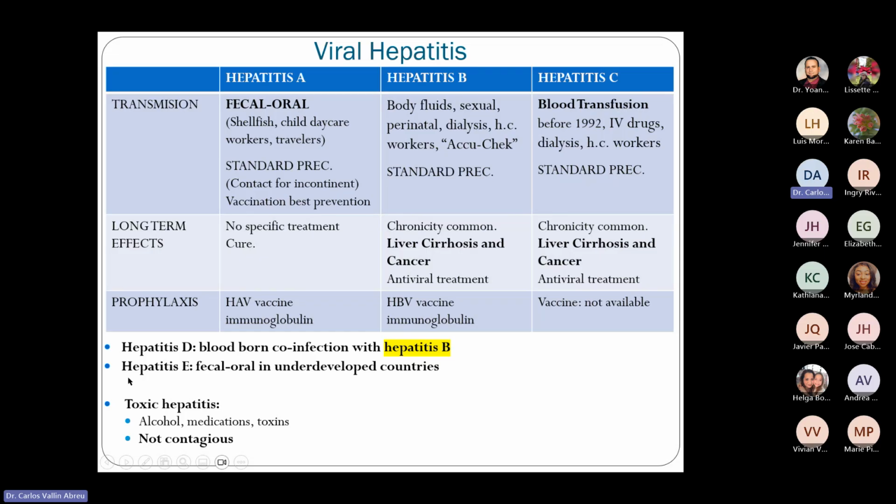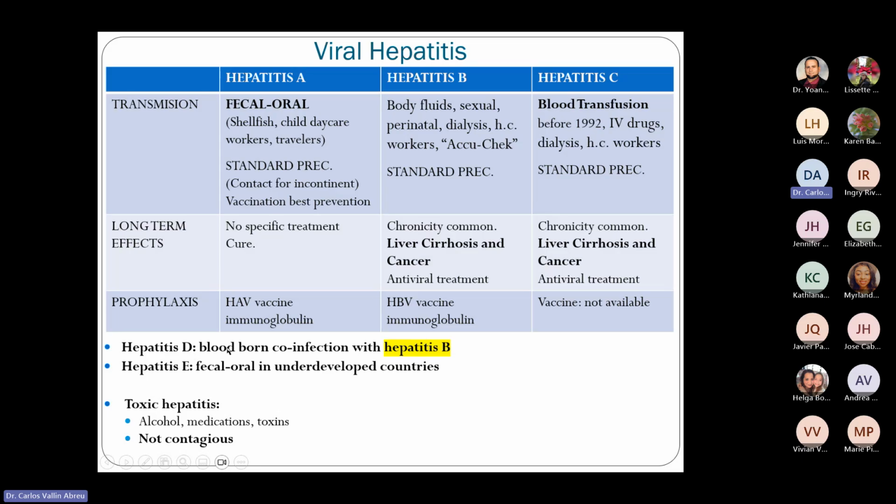There is a form of viral hepatitis called hepatitis D. This is a co-infection with hepatitis B. It means that the client must already have the hepatitis B virus to be able to become sick with the hepatitis D virus.